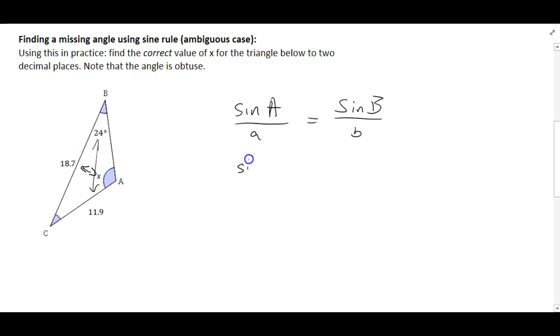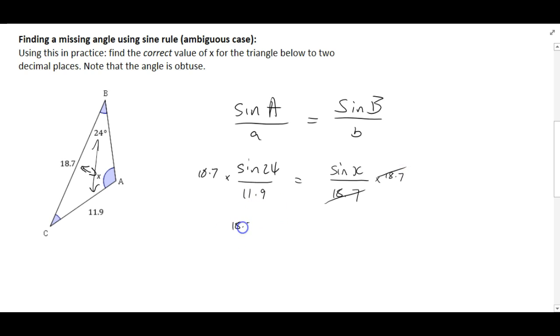So you've got sine 24 over 11.9 equals sine of the missing angle X over 18.7. What do you do next? Yeah, times both sides by 18.7. So if we're going to do it properly, we should show it like this and show it cancelling out on the right.